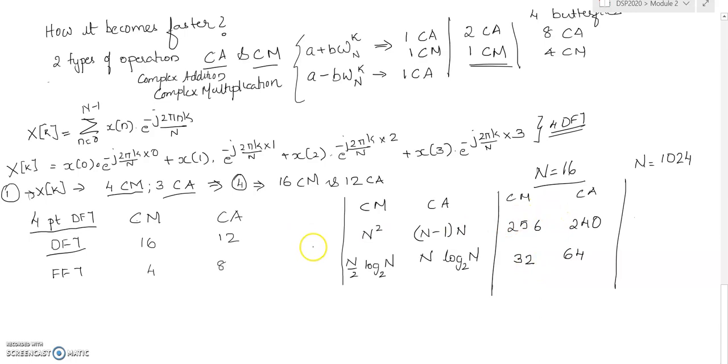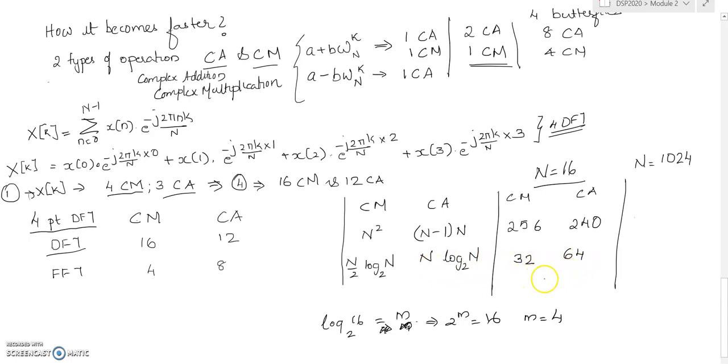When N is 16, N by 2 becomes 8, and log of 16 to the base 2: if it is m, it essentially means that 2 raised to m is equal to 16. So here m is 4. So N by 2 is 16 by 2, which is 8, and 8 into log of N to the base 2, which is 4, so 8 into 4 is 32. And N log of N to the base 2, with N being 16, gives 64.